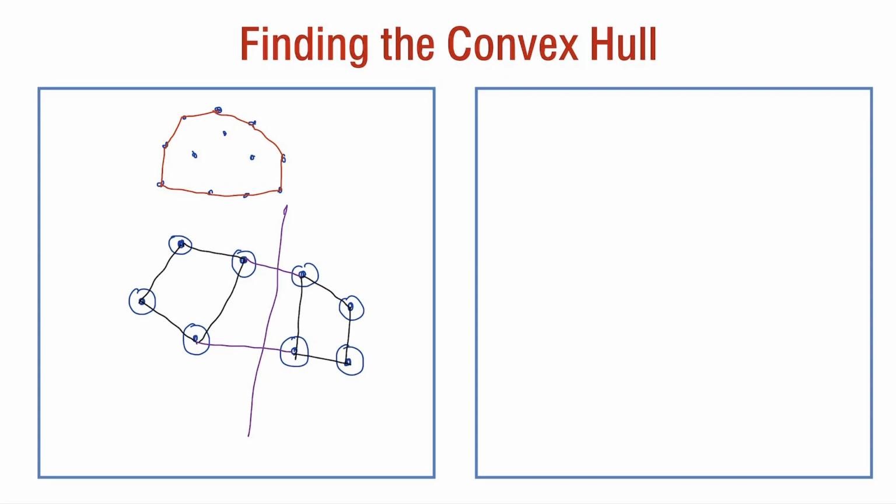So again, the problem of convex hull of a set of points S uses a split. H1 splits S into S1, S2.